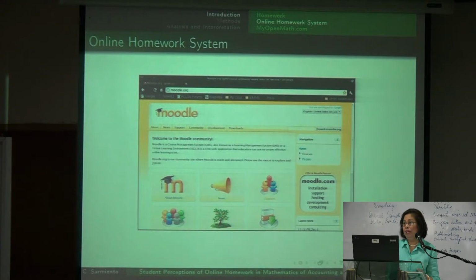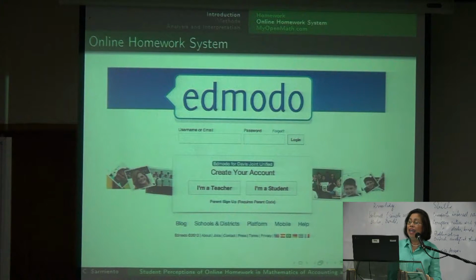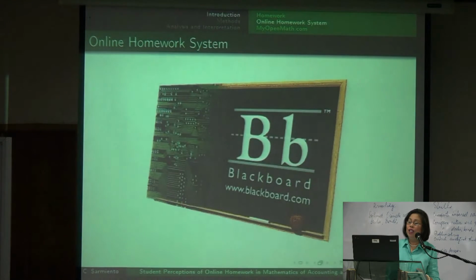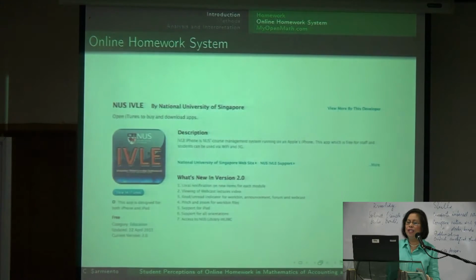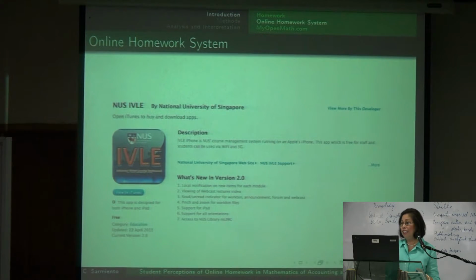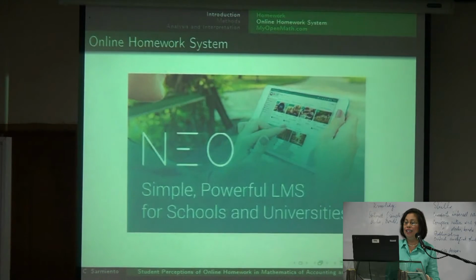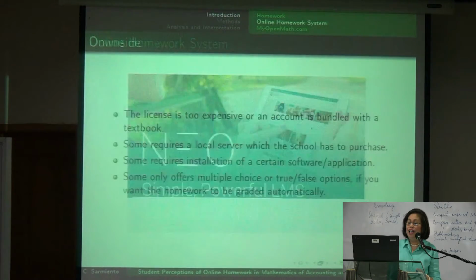I'm sure you are familiar with the Moodle. I think CSP uses it. And Edmodo or the Blackboard. I think UST uses these. Many other schools. Salle uses IBLE. Okay. And there's the ELO.